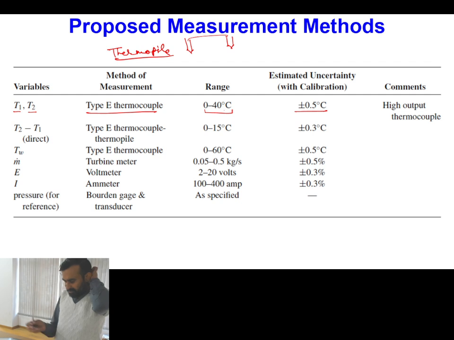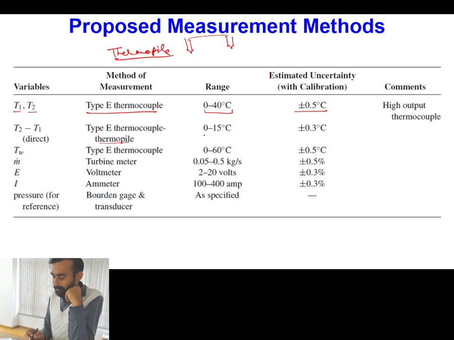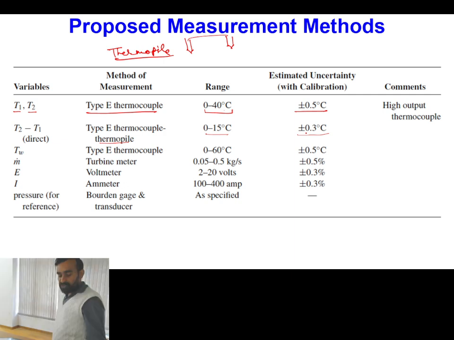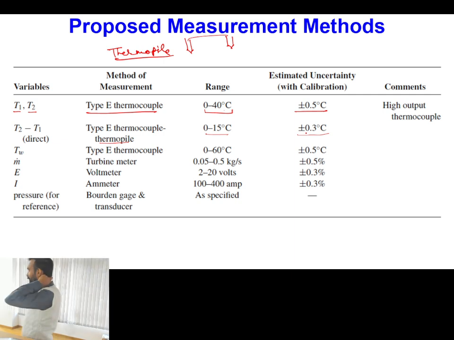So instead of using the type E thermocouple, I can also directly measure the difference T2 minus T1 by using a thermopile arrangement, which will have a measurement range of 0 to 15 degrees Celsius, and uncertainty will be plus minus 0.3 degrees Celsius. So if you use a thermopile arrangement, then the uncertainty will be slightly lesser in comparison to when you are using the simple thermocouple. Is this point clear?